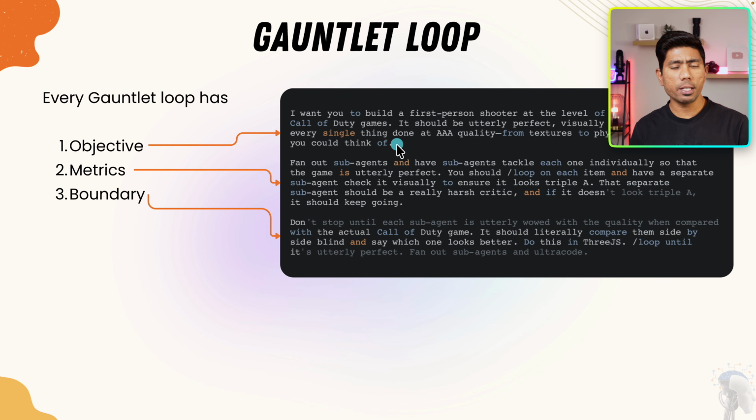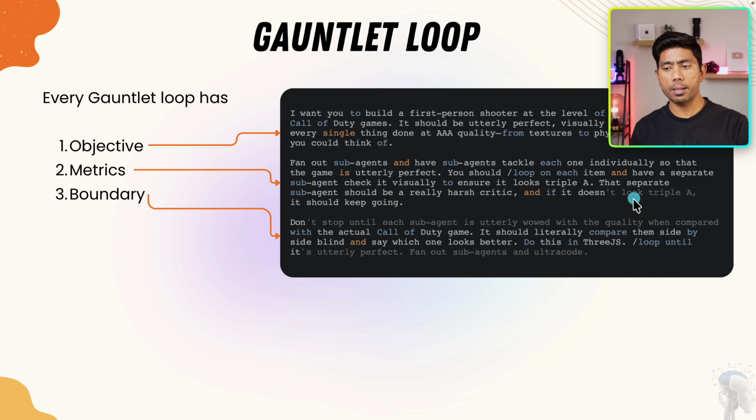So the objective, in your case, if you're going to be building a website, then you can tell it that I want to build a website for my portfolio, for this number of courses or whatever it is. And once you set this objective, you have to set the metrics: that you need to spawn this many agents to perform these operations, keep looping until it is perfect, and keep the separate sub agents as really harsh critics.